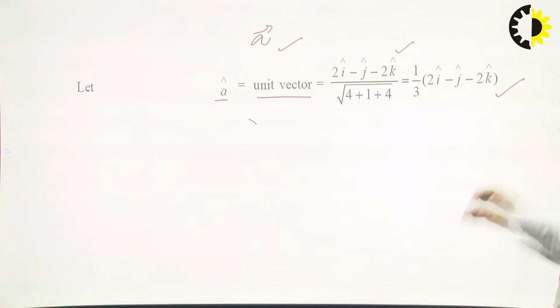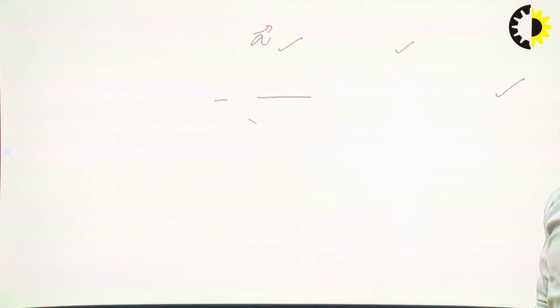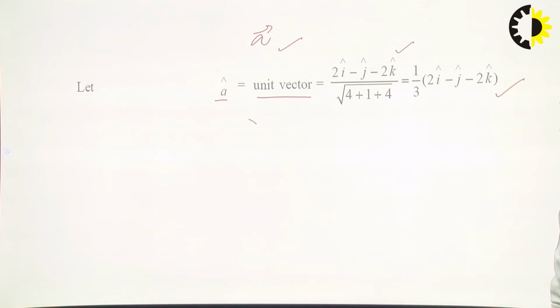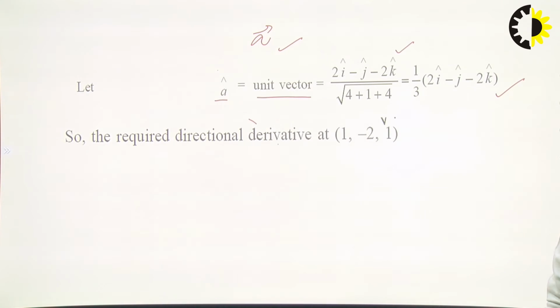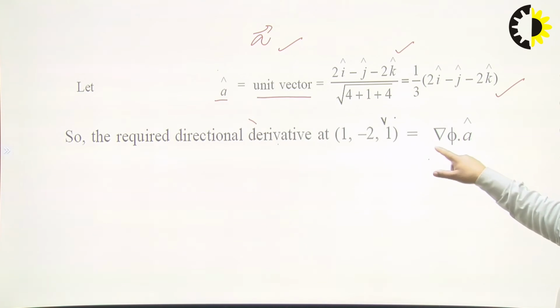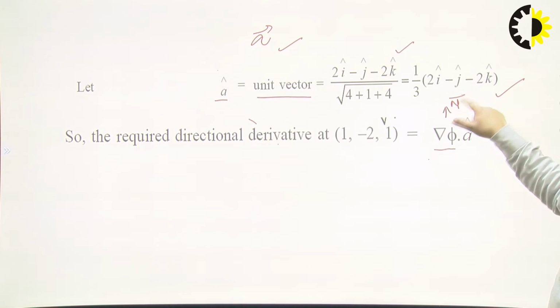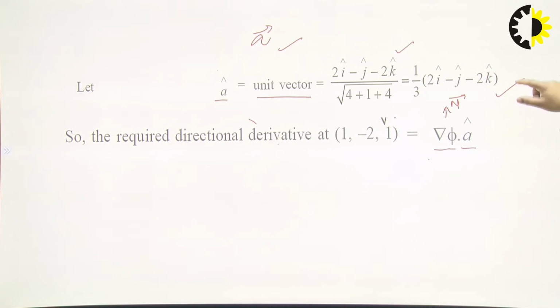So we get the result like this, and so the required directional derivative at the given point 1, minus 2, 1 is the product of the gradient, which was n at the given point, and the unit vector which we have solved here.